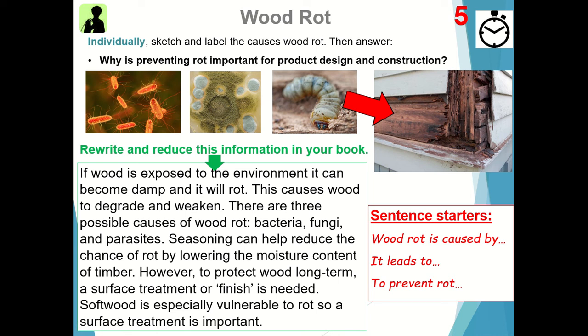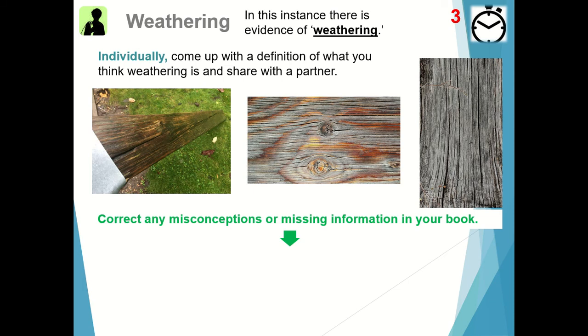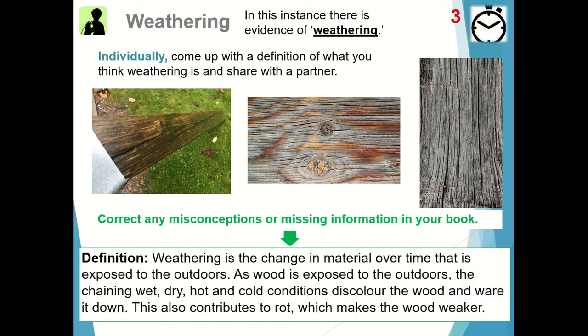Okay, when you've done that, we're also going to define the term weathering. If you look at the images there, you can actually see what weathering is. So once you've written the subtitle weathering, clearly it relates to the weather, doesn't it? So here's the definition. Can you reduce that down as well? So weathering is the change in material over time that is exposed to the outdoors.